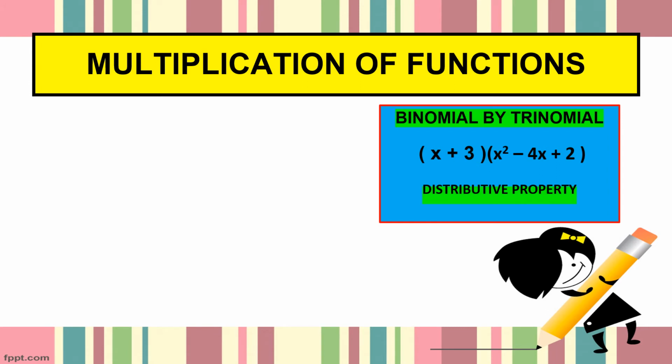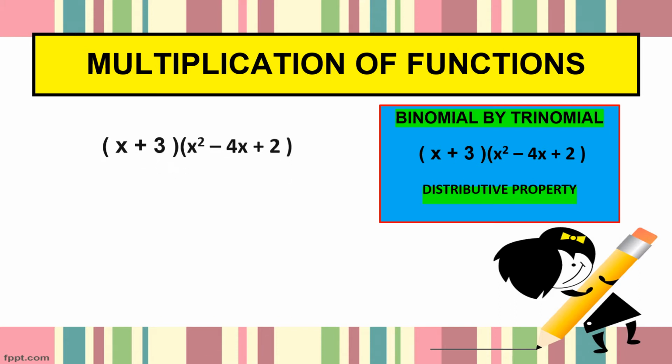Okay, so there are cases also that you will be given a binomial and a trinomial. So how are you going to multiply binomial by trinomial? In here you will be using also the distributive property of multiplication. Alright, so let's have an example.